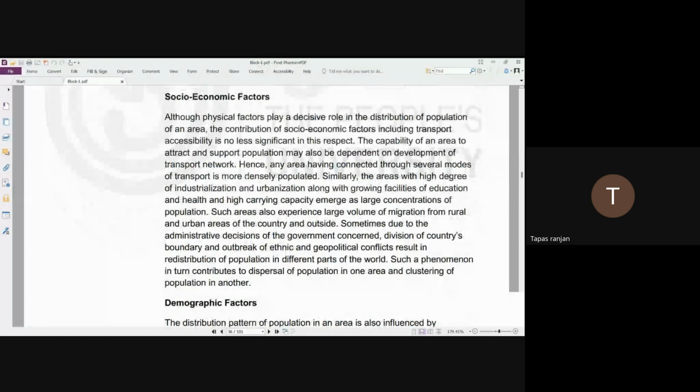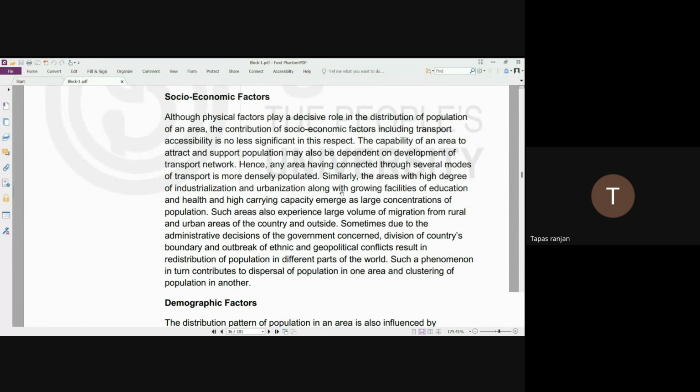If the health facilities and the educational facilities are not good, then a lot of people will be discouraged to live there. Even political stability, which can be included under socio-economic and political factors, is also critical in nature.